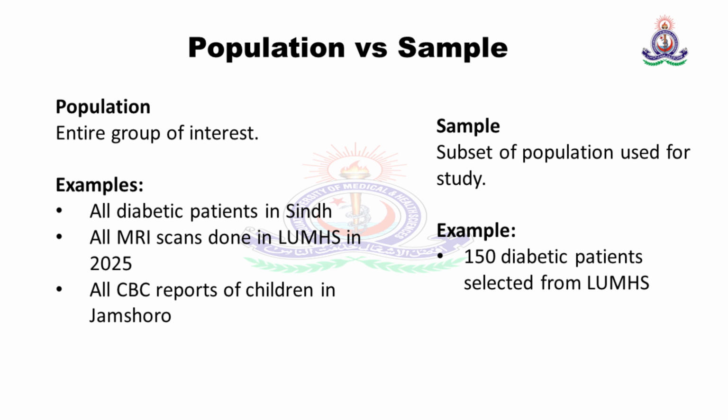But you cannot study everyone. So you take a sample, a subset. 150 diabetic patients from LUMHS, 200 MRI scans, 80 CBC reports. The sample gives you information and statistics helps you generalize back to the population. That's the whole game.